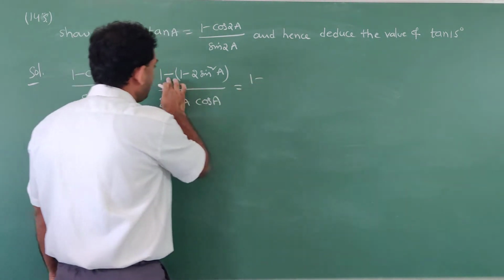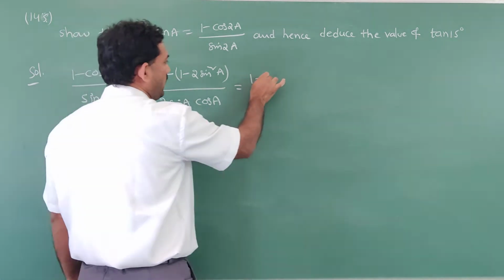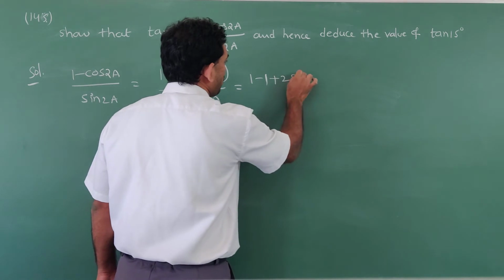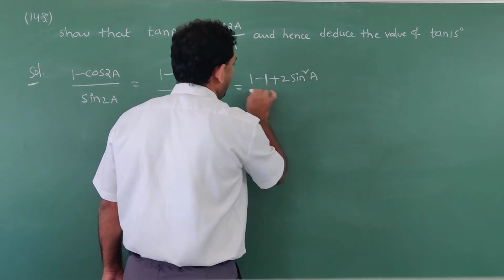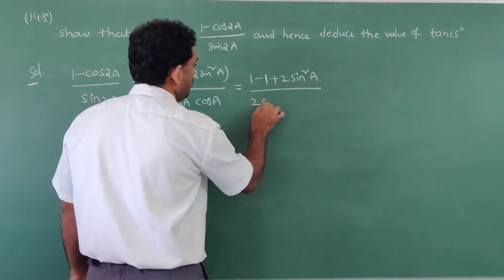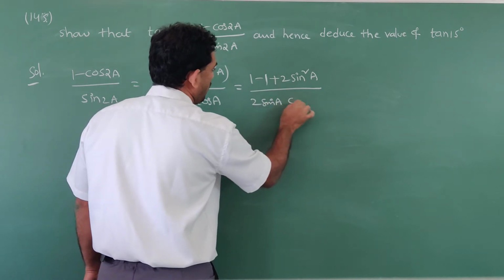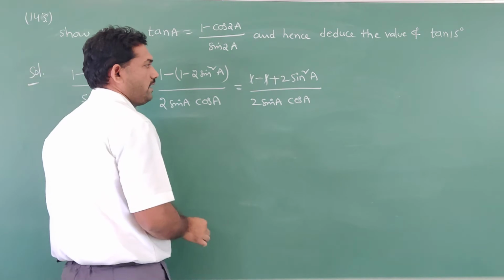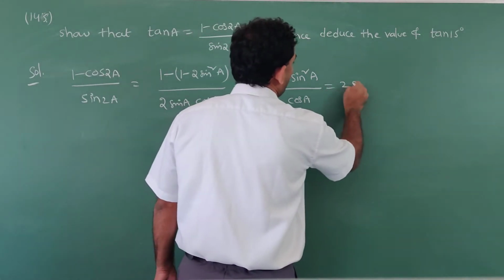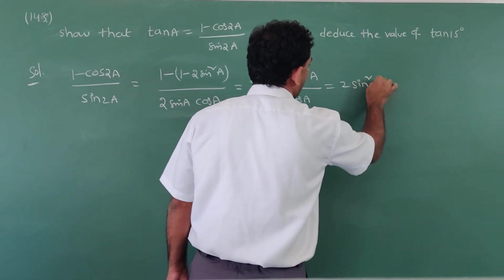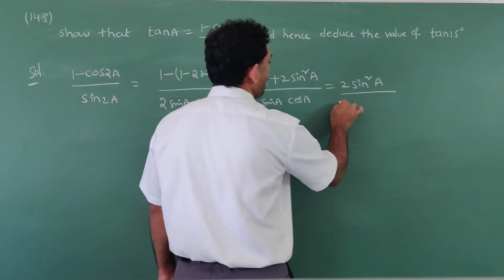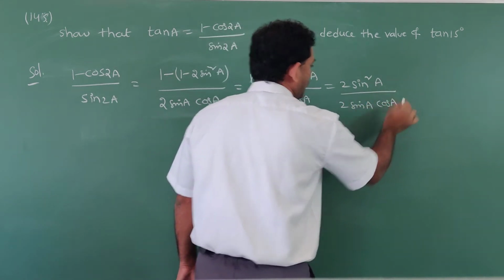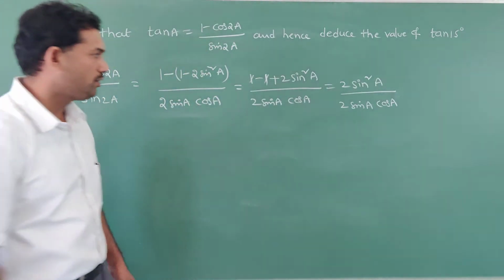1 minus is multiplied, minus plus 2 sin square A, the whole divided by 2 sin A cos A. Again, plus 1 minus 1 cancel, remaining 2 sin square A divided by 2 sin A cos A. Then you simplify.